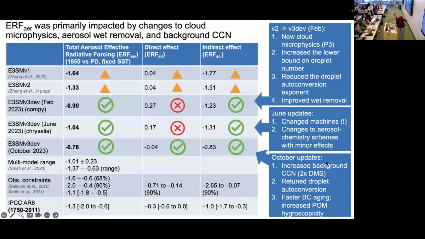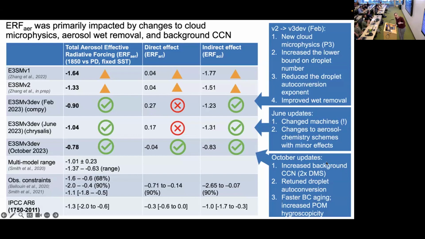This is just a summary of the main changes we made that impacted the aerosol effective radiative forcing. During the development from V2 up to our first development version last February, a new cloud microphysics scheme was introduced, which actually increased the strength of the aerosol effect initially.